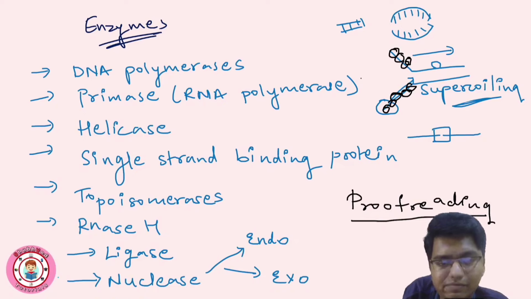First we will discuss in detail the DNA polymerases, because these are very important enzymes for replication. The next video will be on DNA polymerase types and their functions. The rest of the enzymes have been covered in this video. The basic structure of each enzyme and its working we'll discuss as we go through the process.